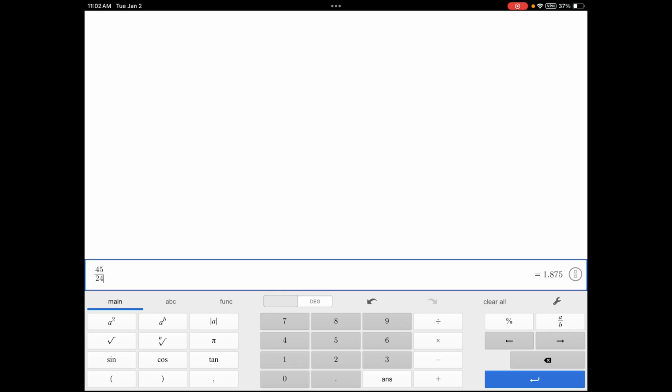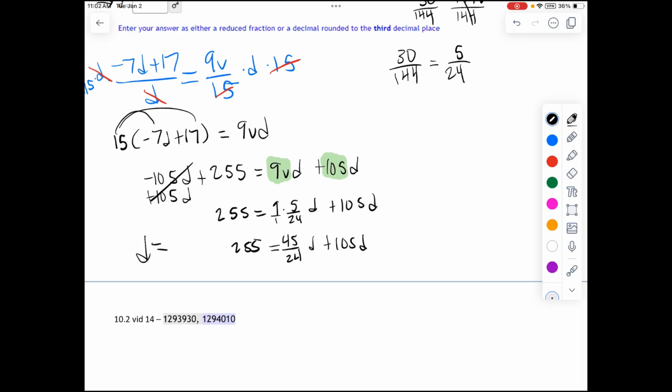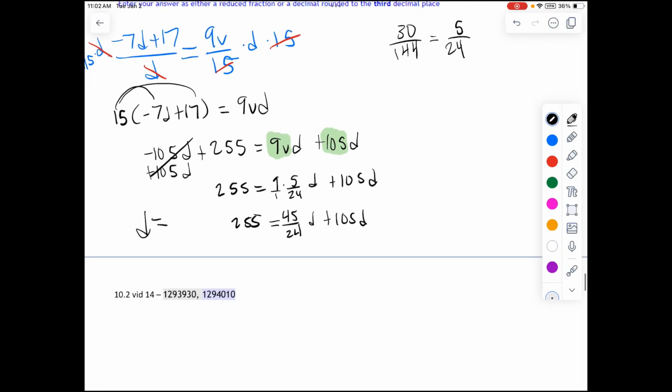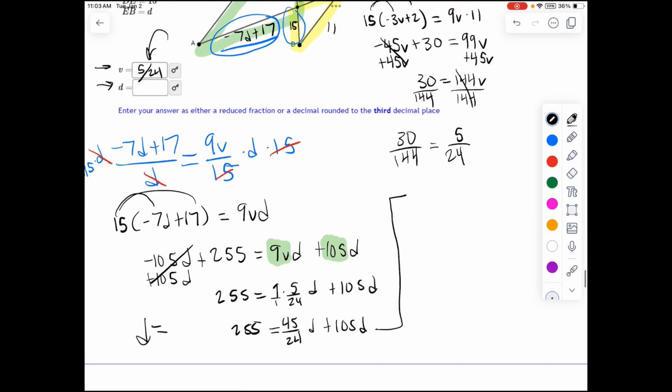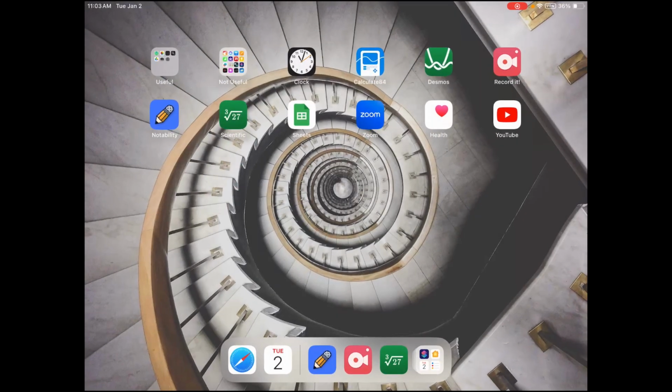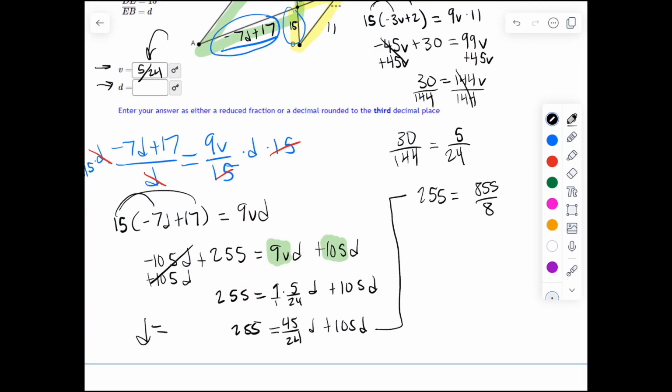So 45 over 24 plus 105, and you get 855/8. Okay, I'm going to move off to the side a little bit. So from there, now we have 255 equals 855/8. Let me double check. Yes, that was the number. Times d.